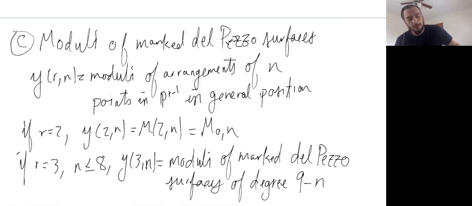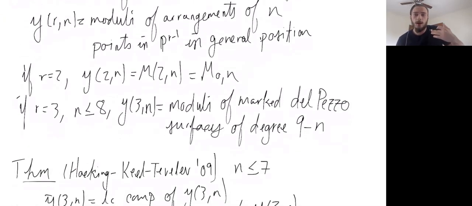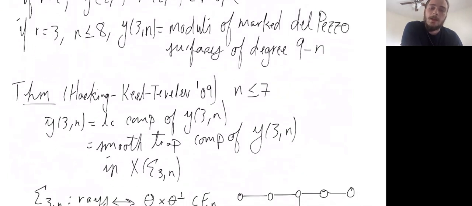So this is another natural generalization of the moduli space M0,n, and it also has a nice compactification, which was constructed again by Hacking, Keel and Tevelev.